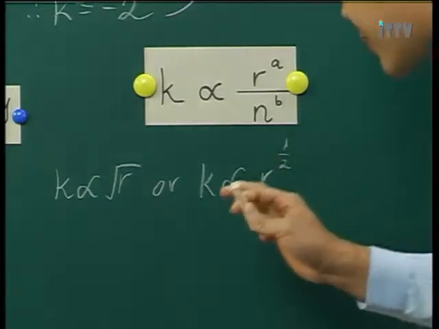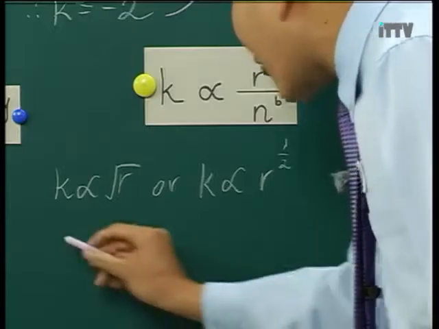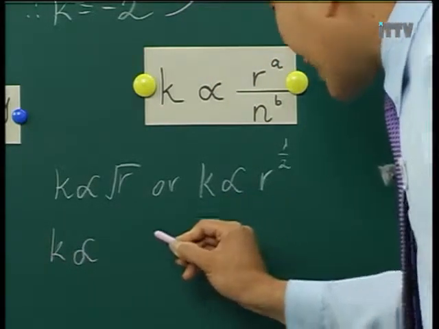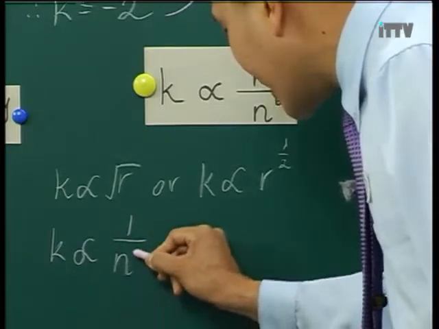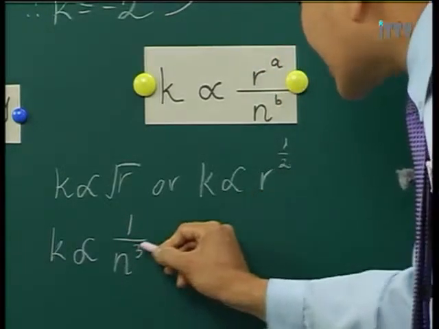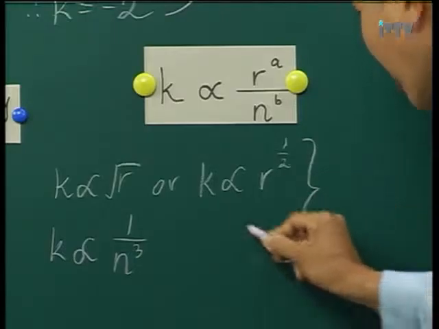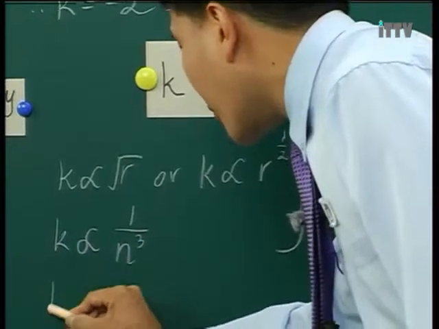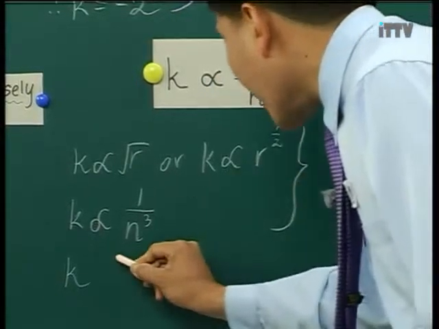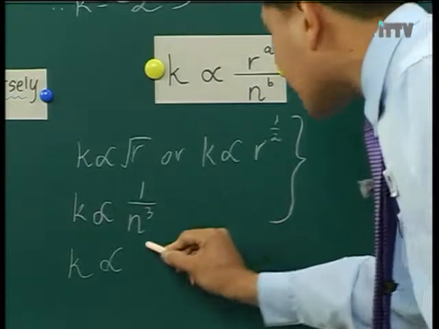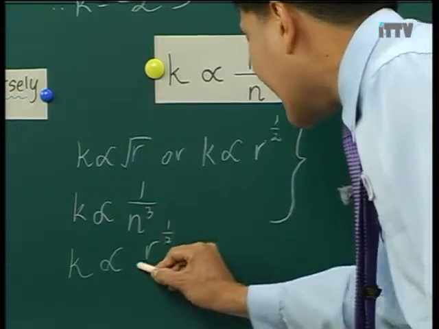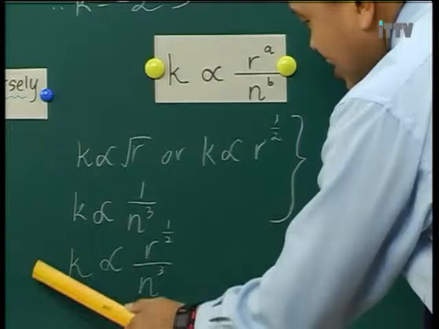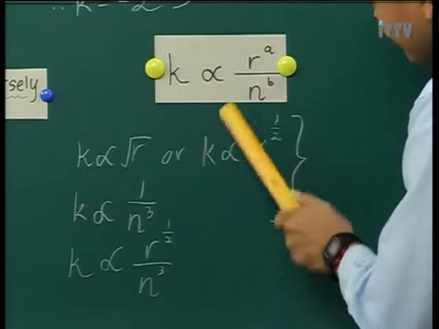And at the same time, it also tells us that k varies inversely as the cube of n. So we know it is like this, right? So these are the two indices. Now, when you put both of them together, what will you get? The direct variation goes on top, and the inverse variation goes below. So I want you to now compare this whole thing with this form.